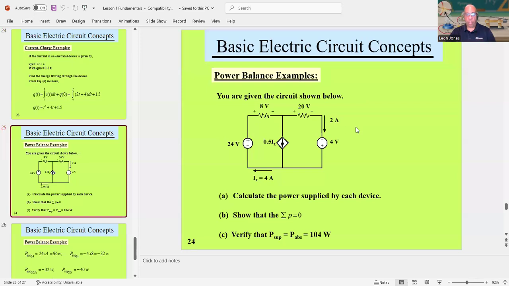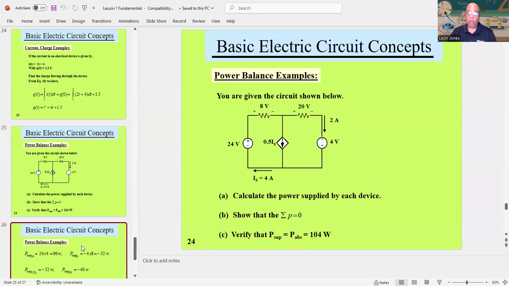And then, given the equations below, of course, calculate the power supplied by each device. Show the sum of P equals 0. Verify that power supplied equals power absorbed, which equals 104 watts. I didn't go through the calculation, but I could if I had the right tools.